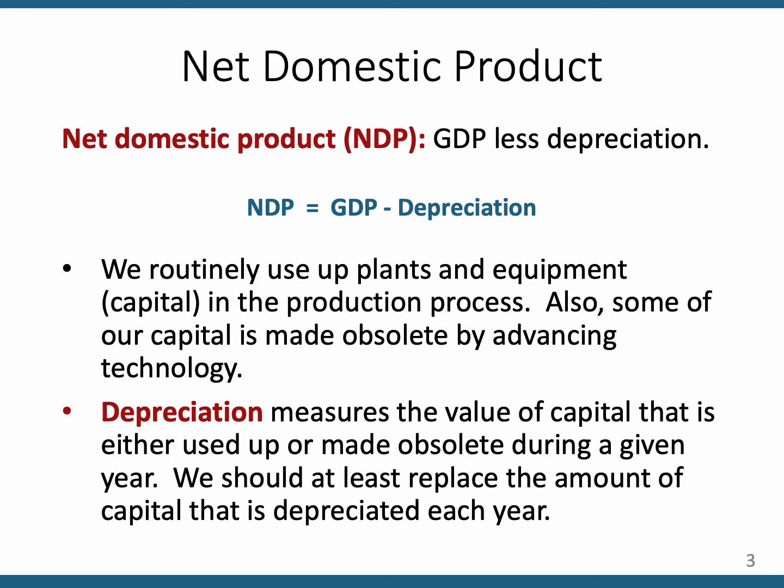And so net domestic product then is if you take GDP and subtract the depreciation of all of the capital goods in our economy. And if you recall from Chapter 2, I believe it was, you saw a number. It was someone's estimate of the value of all of the capital in the U.S. economy, $80 trillion.